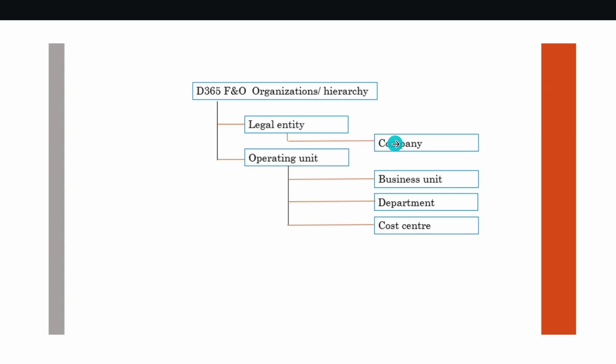So now, why do we need a legal entity? We need a legal entity or a company in terms of F&O to start writing contracts, to start creating transactions, to start creating products, to start paying vendors, to start receiving customers' receipts into their banks, to create bank accounts, to create cash management processes, to file the tax, and to create the yearly reports.